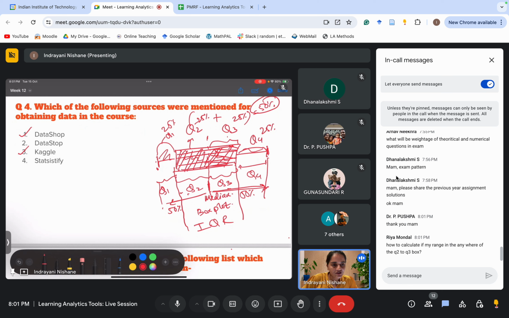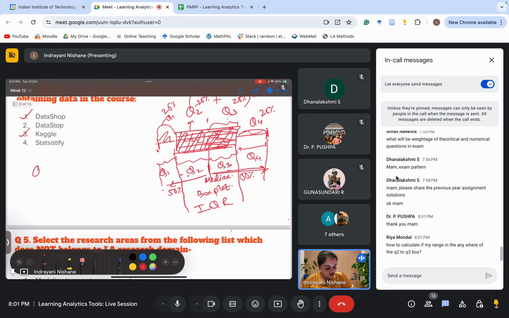How to calculate if my range is anywhere in the Q2 and Q3 box? No, so interquartile range is the Q3 point minus the Q2 point, right? The difference between them, this is the median. So IQR is Q3 minus Q2. In this box plot, this is Q1 point, this is Q4 point, Q2, Q3, and this is the median.